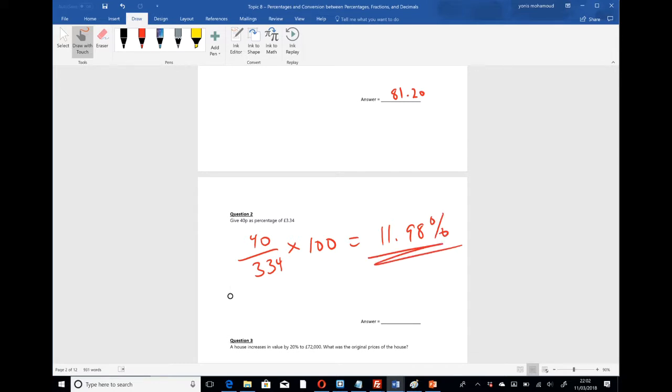But that's not what the question is asking us to do. The question is asking us, give 40p as a percentage of £3.34. So the first thing we have to realize is that 40p and £3.34 are in completely different units. So I'm going to have to convert them into the same units before I can work it out.